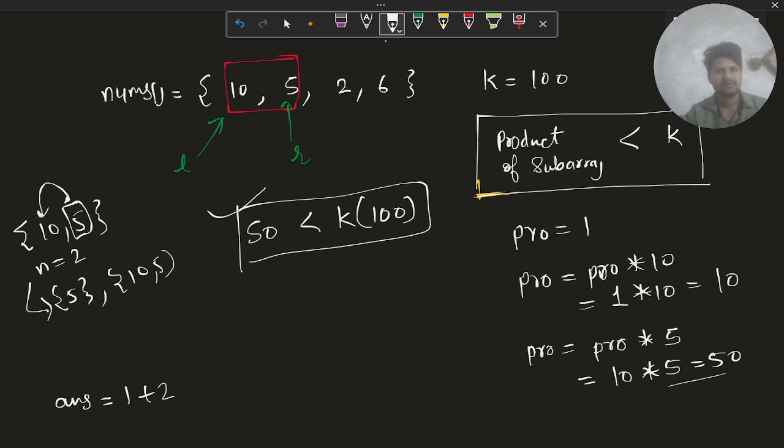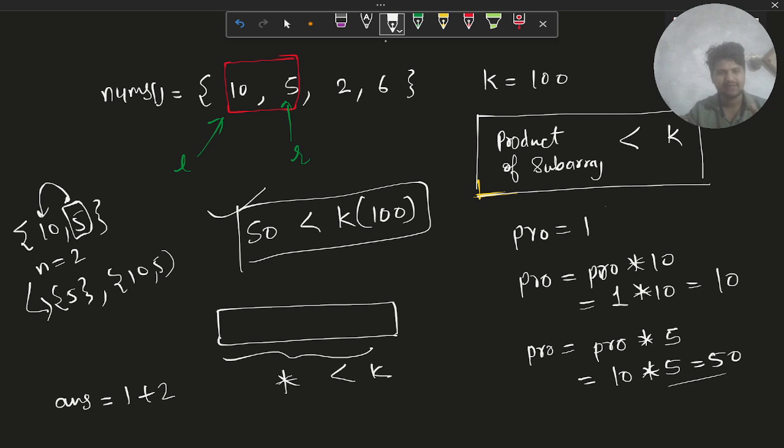You can ask why. If you have a subarray whose elements multiply to less than k, then any smaller subarray within it will also have a product less than k.